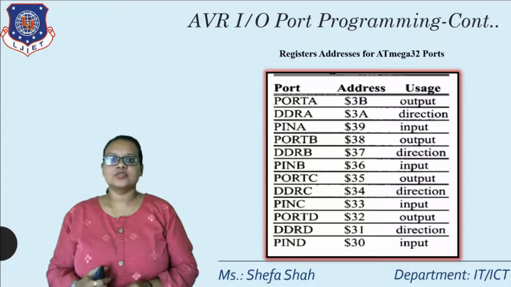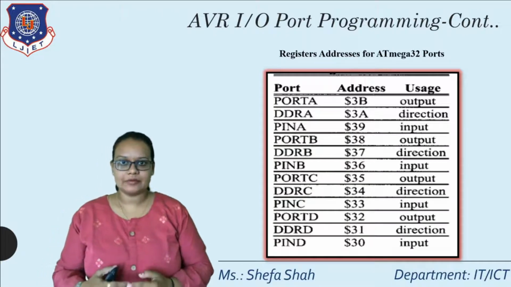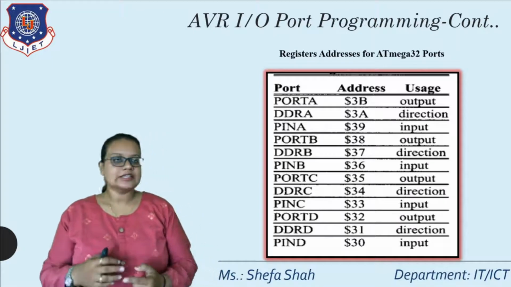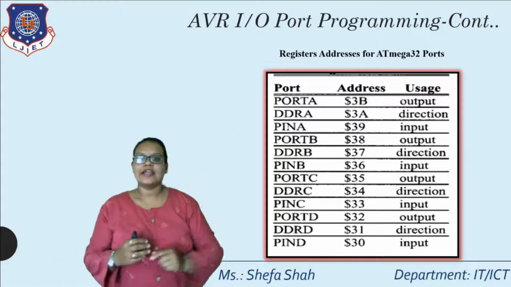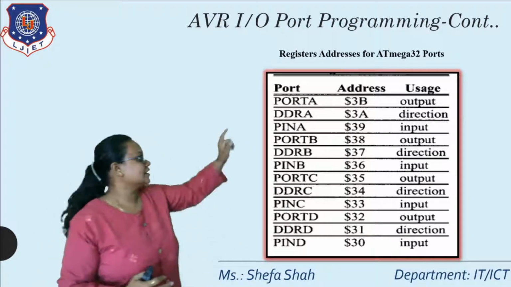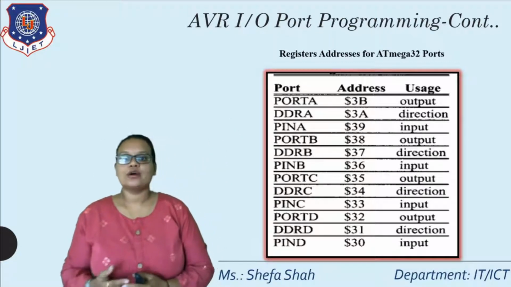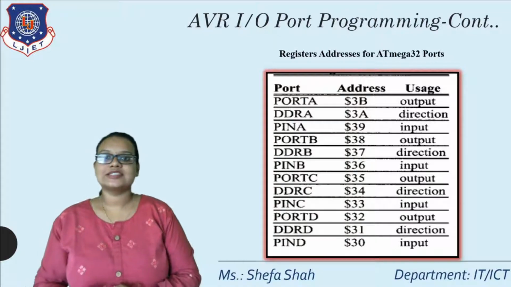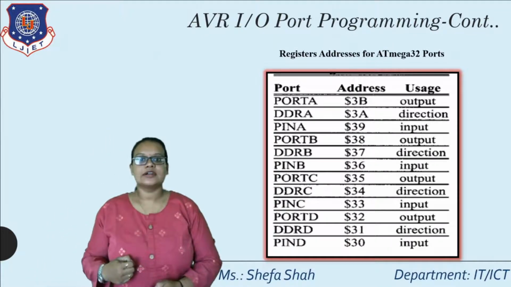The usage is: if it is PIN, it works as an input. If it is DDR, it works as a direction register, and if it is PORT, it works as an output. Now how to program a particular port as input or output, we will see each in detail.